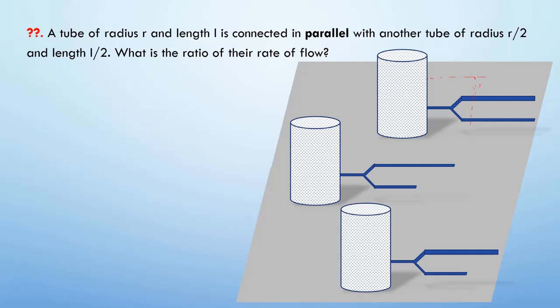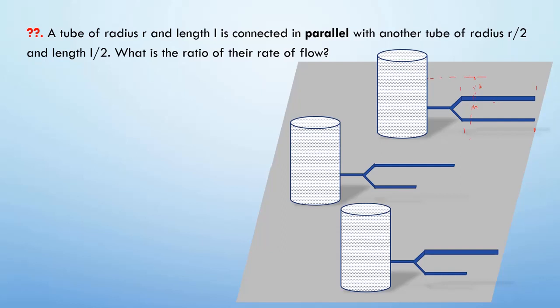Both of these are at the same height, connected parallel to this plane. If both are connected at the same height, the pressure difference between these 2 points is the same.